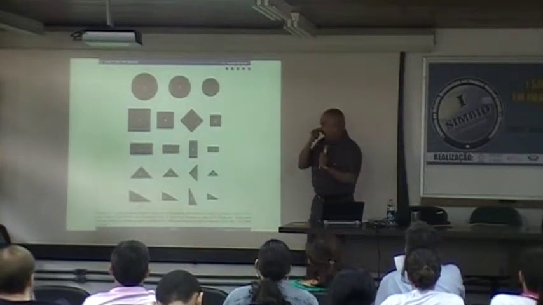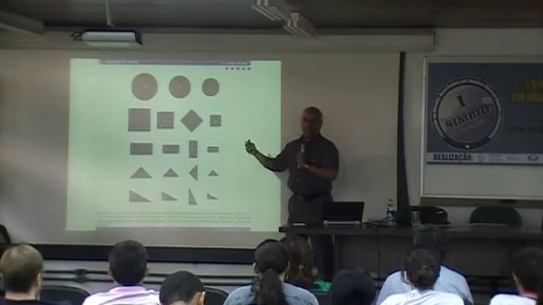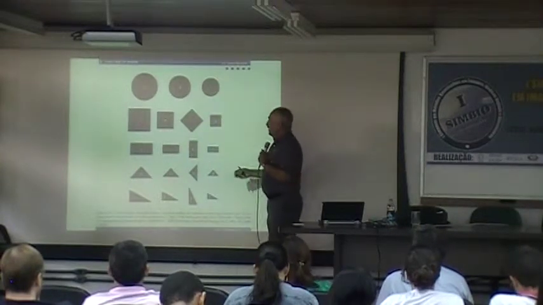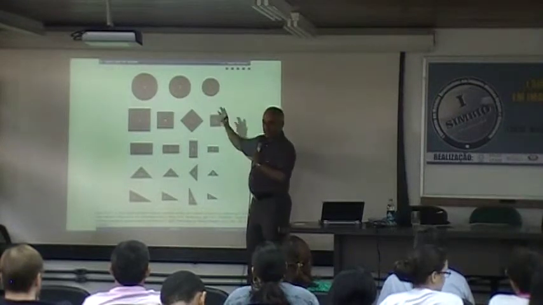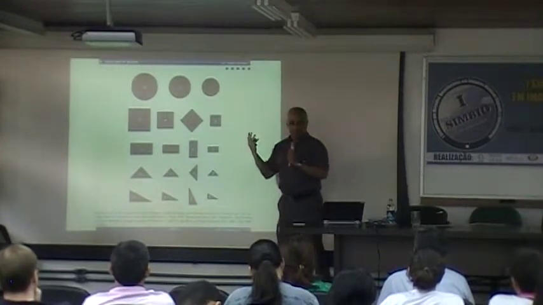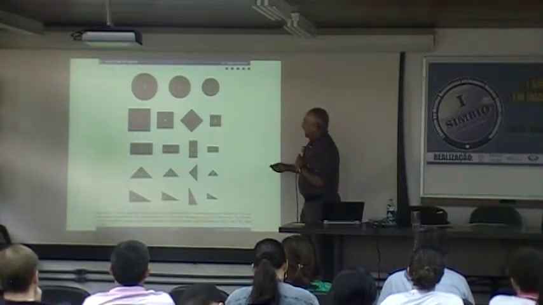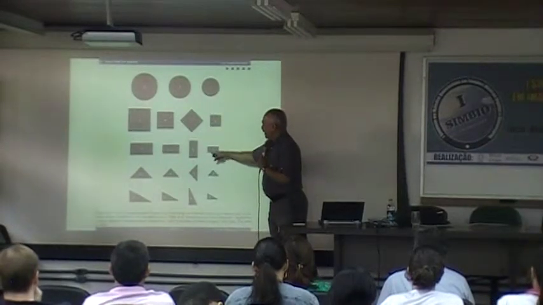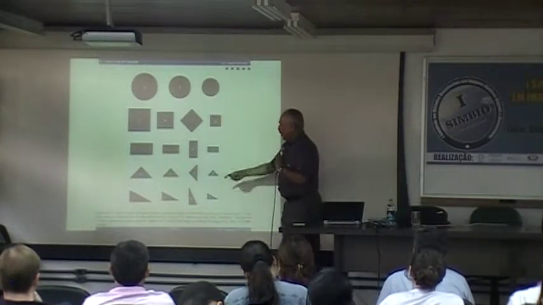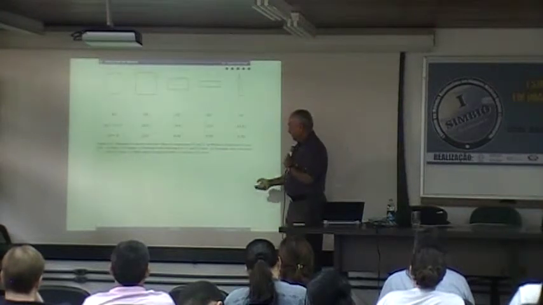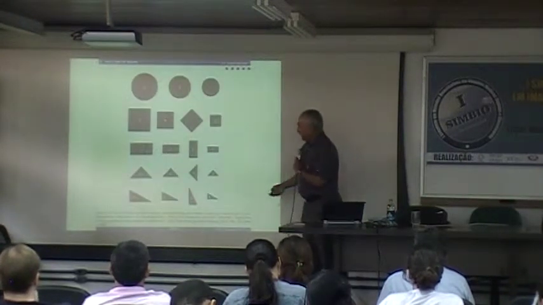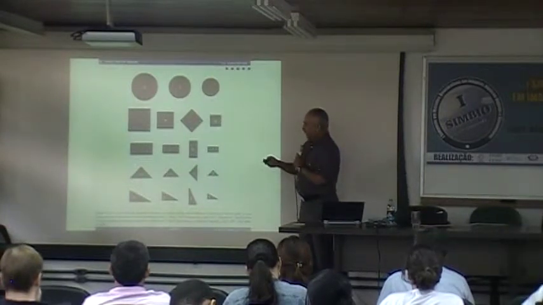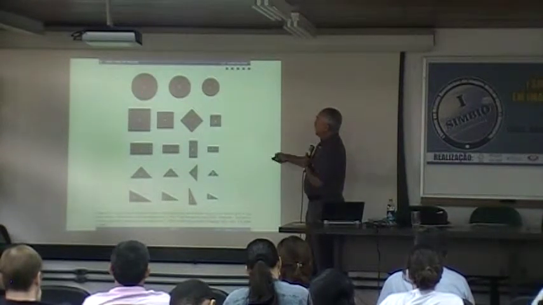For that, we created some test patterns. We created these digitally. So these circles are not perfect circles. They are pixelated circles. And we rotated squares and rectangles and triangles, equilateral triangle and right angle triangle. So we created these shapes. The expectation is the shape factor should be the same for all of them.